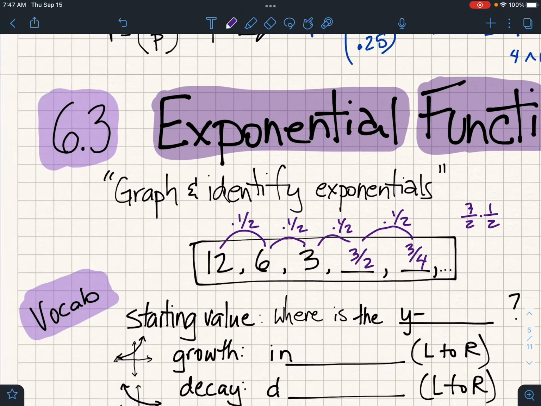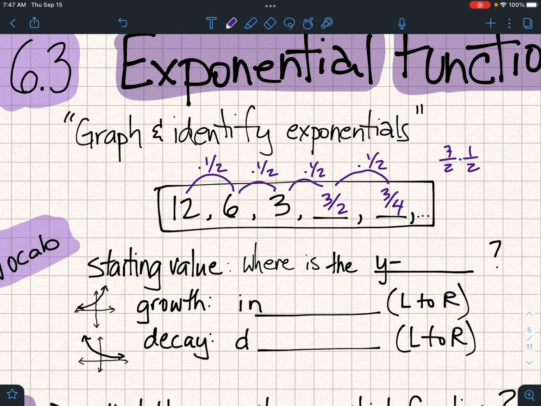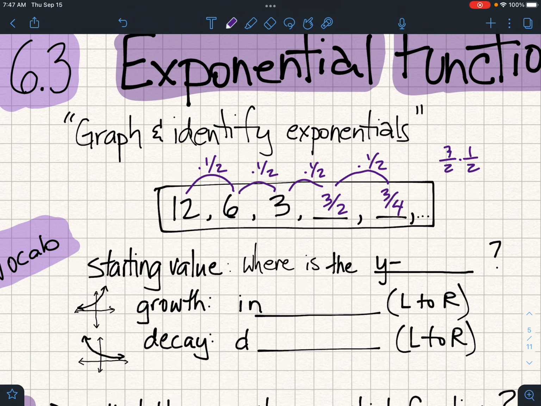All right. Before we dive into graphs, just a couple of other reminders, some vocabulary that we're going to be using. Oftentimes we talk about the starting value, and that starting value is referred to as the y-intercept. Our graphs today are going to come in two different types: graphs which show growth and graphs which show decay.